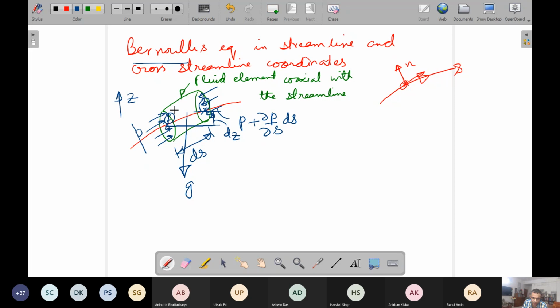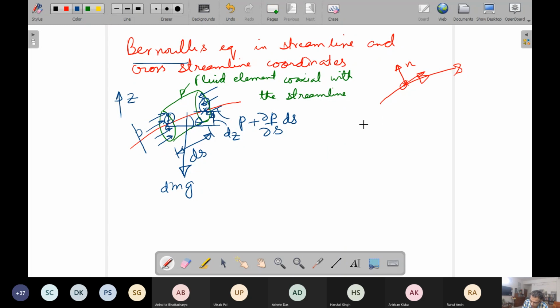If the streamline is making an angle, say theta, with the horizontal, the weight is mg, or you can say dm g.